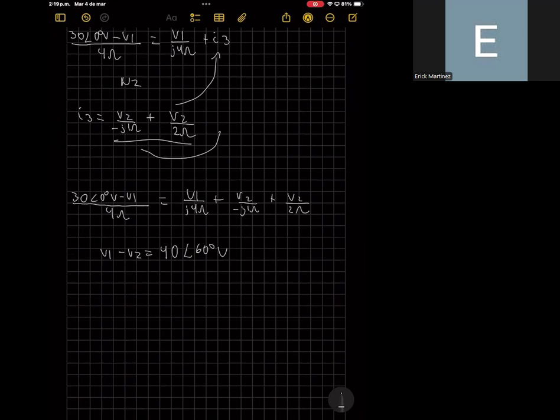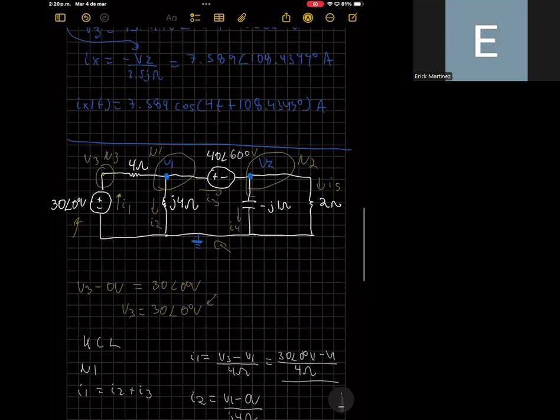So here we have our system of equations, because we have two unknowns, V1 and V2, and we have this relationship between the voltage and currents, the current law, and also the difference in voltage that should be equal to the voltage source right here.